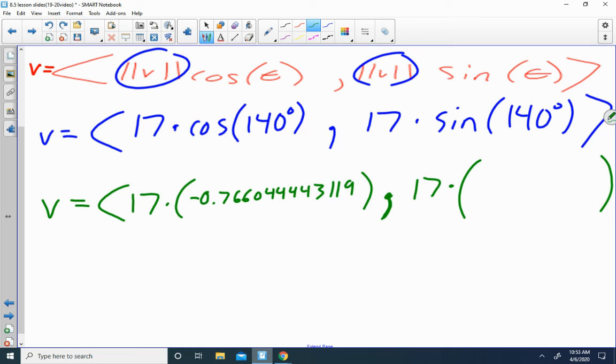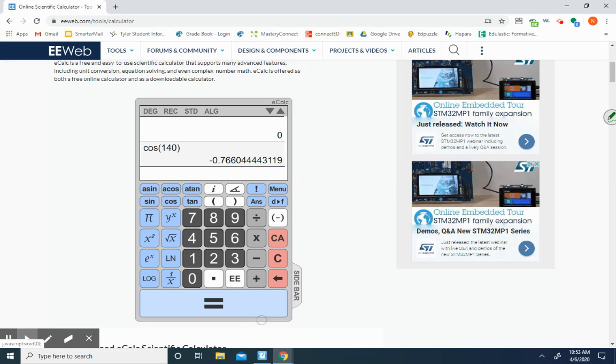Okay, now we've got to do the second one. 17 times sine of 140. All right, let's see what we get. Sine of 140, close parentheses, gives you that.